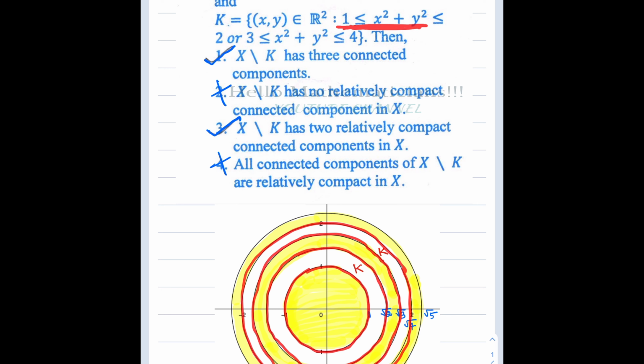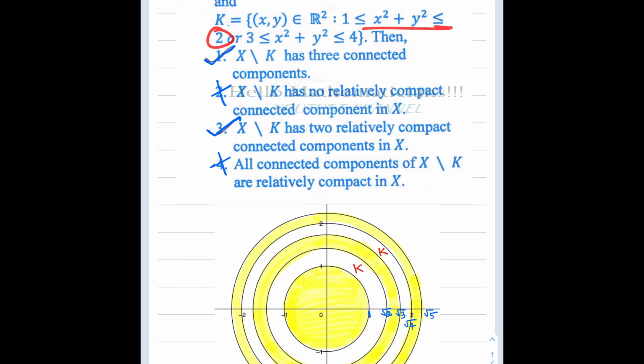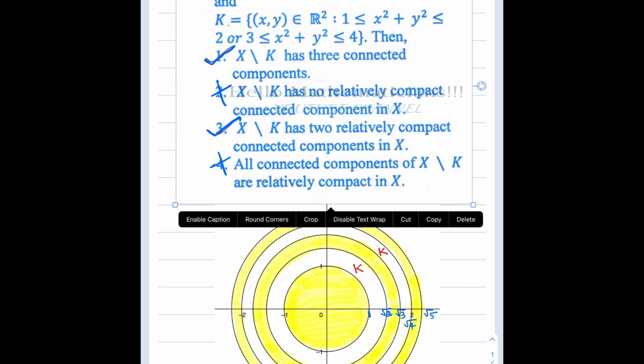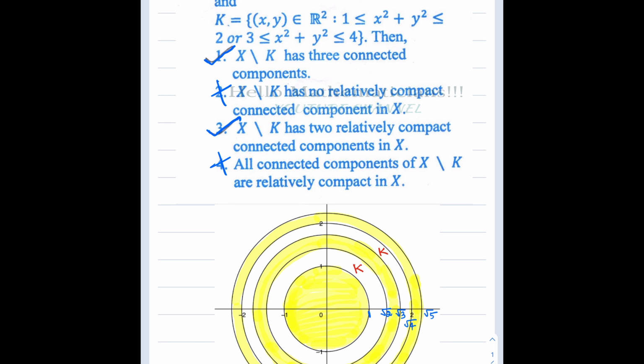The circle x square plus y square equal to 1 belongs to K. Again, x square plus y square equal to 2 also belongs to K because of this equality. So there are 4 equalities here, and all these 4 circles belong to K. Okay, good. So K is a white color region with its boundary.